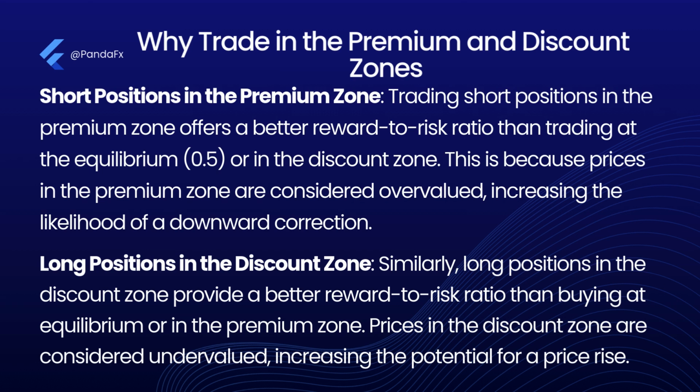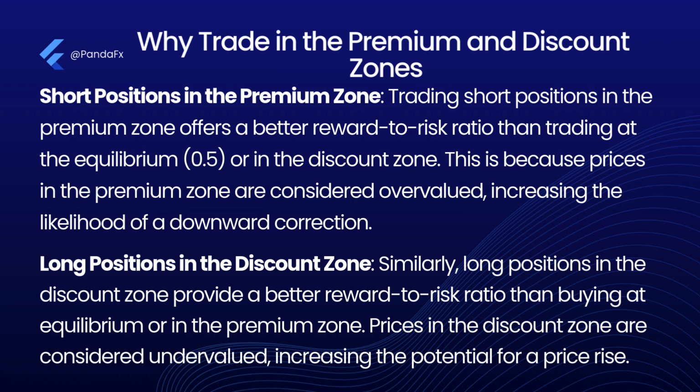Most traders, if they define a range high or low, most of the stop loss reside in the range high for sells, and most of the stop loss reside in the range lows for buys. So if you define this range and then you are selling in the premium zone, then stop loss will most likely be at the range high.